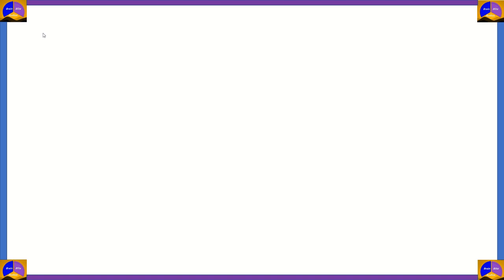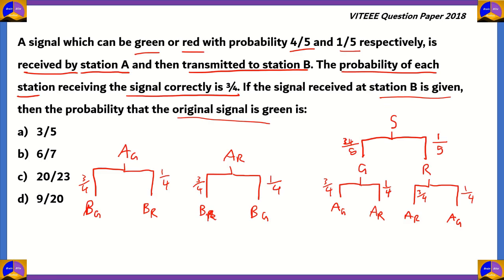So now, if the signal received at station B is given, then the probability that the original signal is green is... What we're going to do is calculate the probability of a green signal being received at station B. That will be the probability of green being sent, A receiving green, and B receiving green.